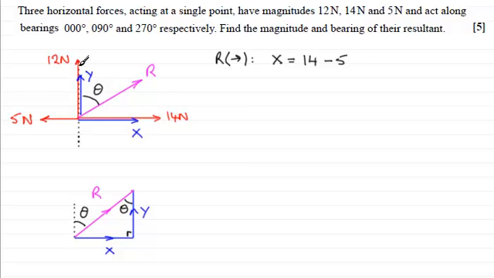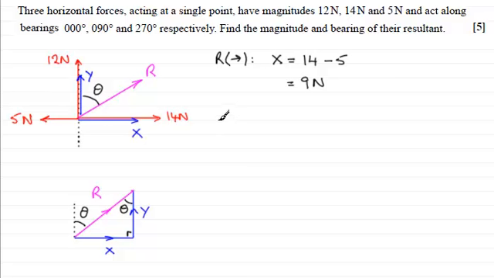As for the 12 newton force, that doesn't come into this equation because it's perpendicular to the direction I'm resolving, so it has no effect in this direction. So 14 take away 5 tells us that we've got 9 newtons acting towards the right.